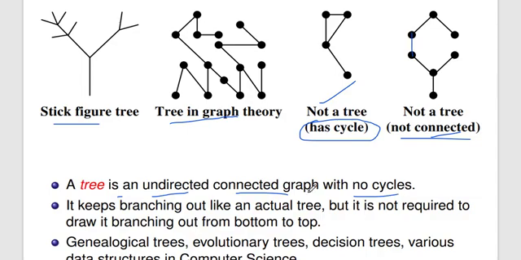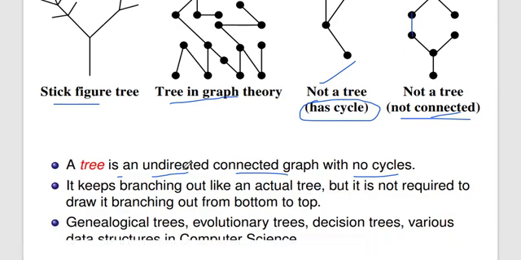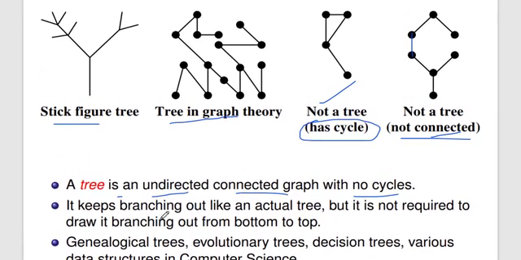Undirected means it has a non-empty set of edges and vertices. Also it keeps branching out like an actual tree, but it's not required to draw it branching from bottom to top. Maybe it's top to bottom like this also. This is also a tree.